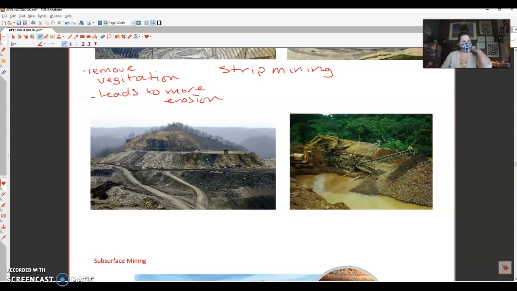So other than removing vegetation and causing more erosion, you're also causing massive habitat destruction for any types of native wildlife, native plants that live here.